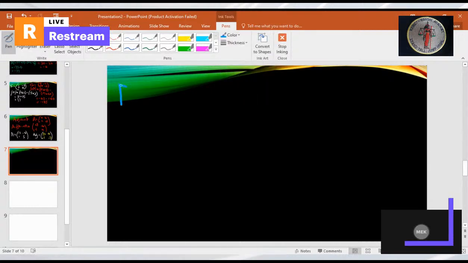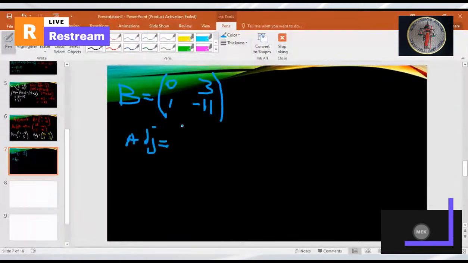So matrix B. So let's say we have 0, 3, 1, -11. So the adjoint, ADJ, would be, switch places now. So it will become what?